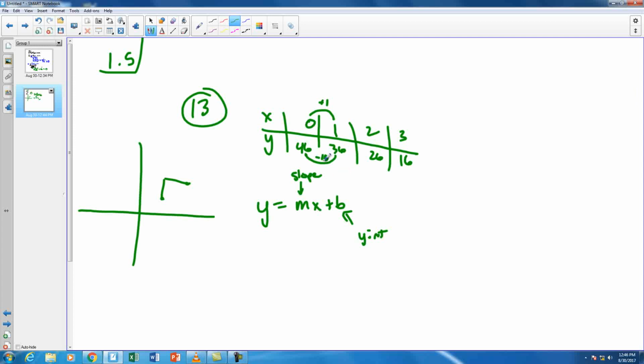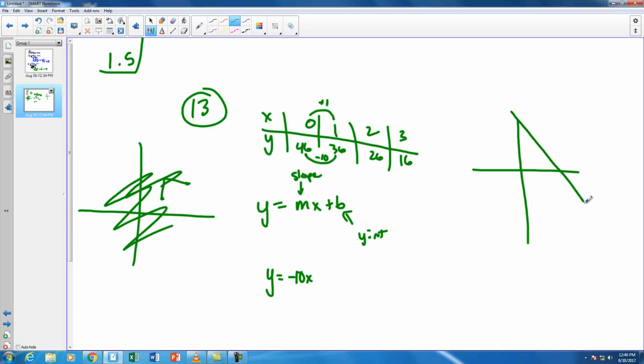So a negative 10 divided by a positive 1 means my equation should say negative 10x. But now I need to know what is the b, or the y-intercept. So this is not a good model of this graph because that one's going up and this is a negative slope. The question is, if this slope is negative like this at negative 10, where is it crossing? Right there. That's the question.